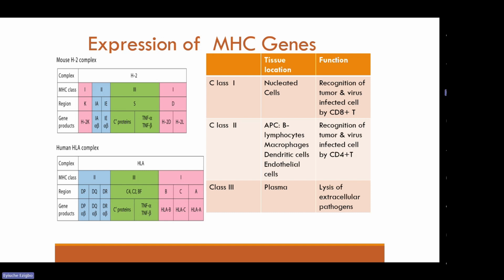Now, the class 2 MHC complex. We've said that the MHC molecules are involved in the adaptive immune response of the body. The class 2 MHC molecules, their location, we can find them on the antigen presenting cells.